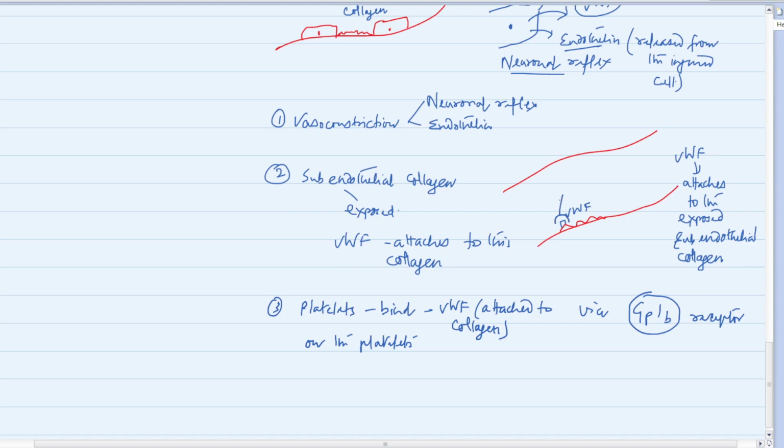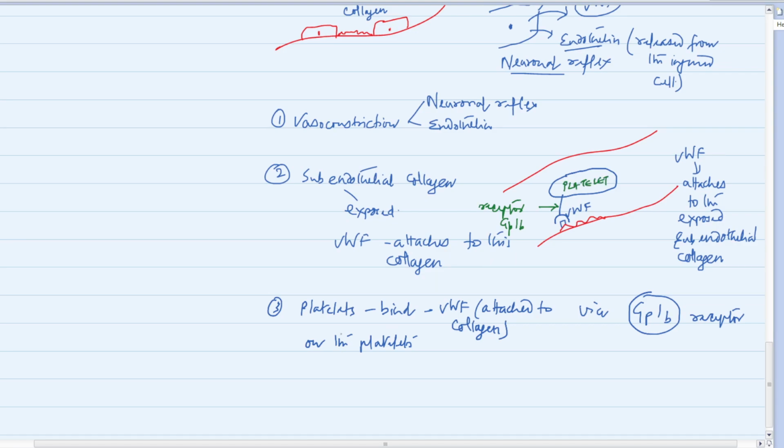So let's represent that here. This is the GP1B receptor, and it's present on this platelet.